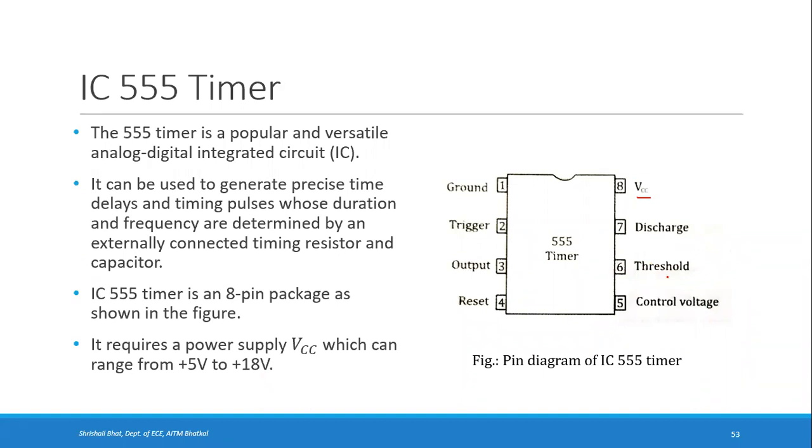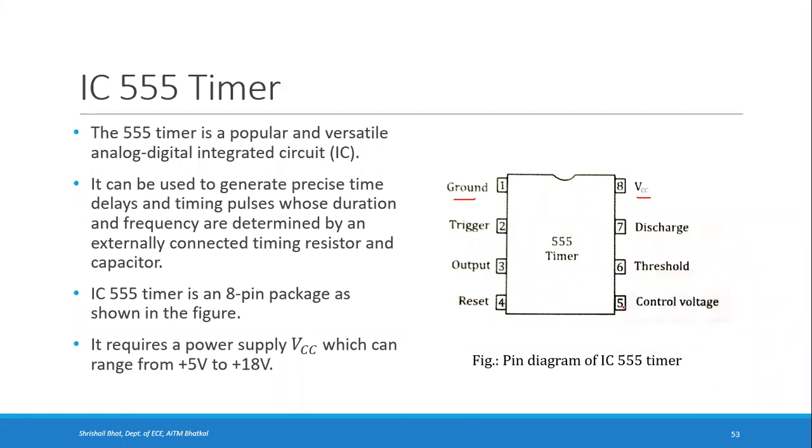There is a VCC where the power supply is connected, and a ground. Then there are different pins: the trigger, the output at pin 3, reset at pin 4, the discharge pin at pin 7, the threshold at pin 6, and control voltage at pin 5.